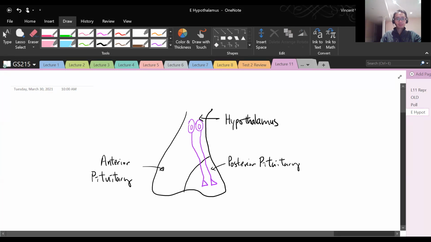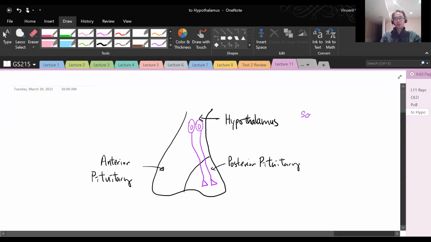Now, these neurons will produce hormones, which they package into little vesicles. They transport the vesicles down the axons and all the way into the posterior pituitary gland. Those hormones will be stored at the axon terminal inside the posterior pituitary gland until they are ready to be released.